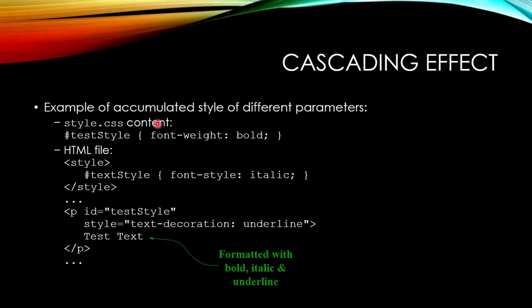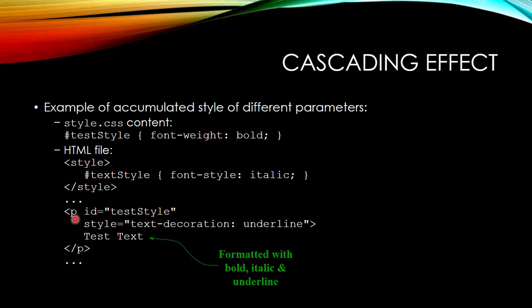For example, let's say we have this snippet of an HTML file and this one line from style.css. In the .css, we define text style to have font weight bold, and in the HTML file, within the style tag, we have another definition for the text style ID, but now we're defining the font style, which is italic, so they are not clashing, they are different properties.